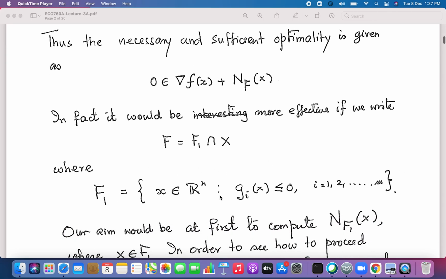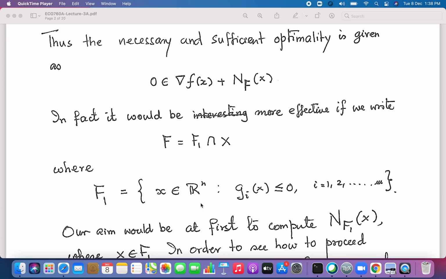So if I can compute the normal cone of this, then I can obviously compute the normal cone of F1 intersection X, right? Our goal in this talk would be to have an outline of how to compute the normal cone of this. Because I have the set F1, the set of all x satisfying g_i(x) less than or equal to 0, which are m inequalities where the g_i's are convex functions.